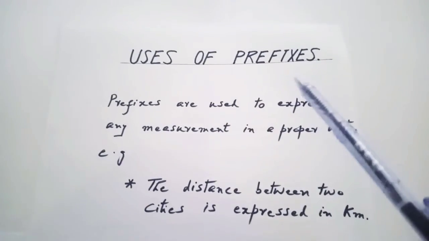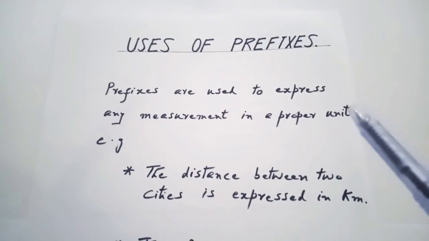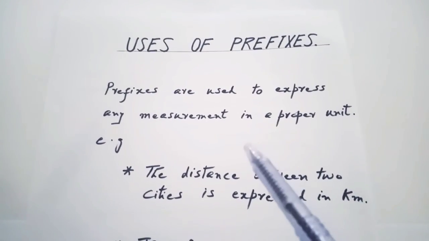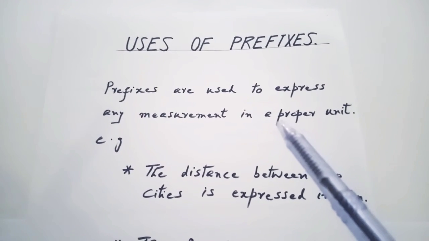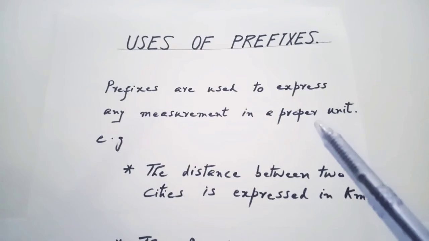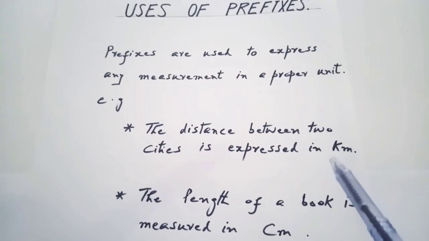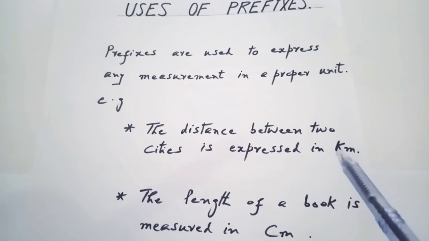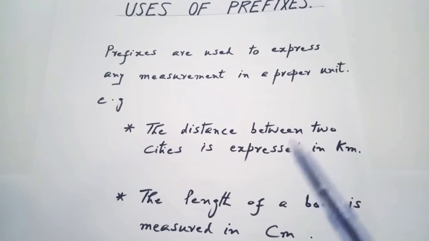Now what are the uses of prefixes? Why do we use prefixes? Prefixes are used to express any measurement in a suitable unit. For example, the distance between two cities is expressed in kilometer. So kilometer is used as the prefix because the distance between two cities is a big measurement.